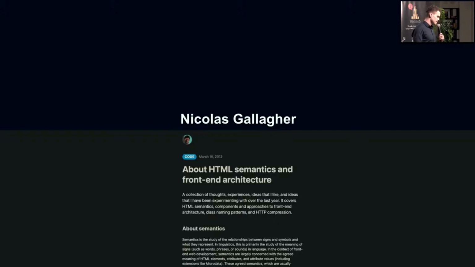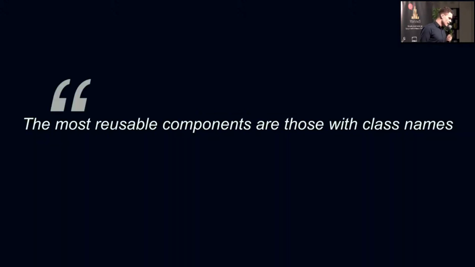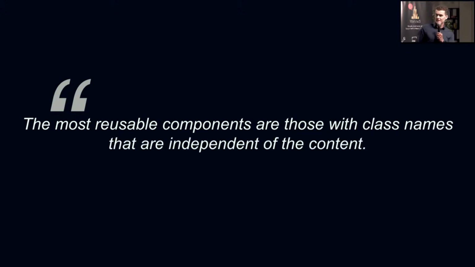And Adam was inspired by an article about HTML semantics and front-end architecture written by Nicolas Gallagher, who is now on the React team and works at Meta. At that time, because it's an article from 2012, he was one of the workers at Twitter. And in this article, there's a statement that the most reusable components are those with class names that are independent of the content.